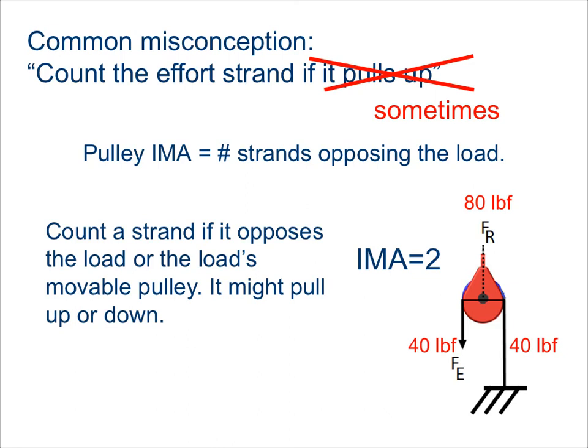The resistance will only be forced downward 1 foot for every 2 feet of rope pulled out of the system. So again, if you notice, I have a resistance force of 80 pounds of force. So I have an IMA of 2 because there are 2 strands opposing that force parallel in the opposite direction. So we cut our effort force in half to 40 pounds of force applied.